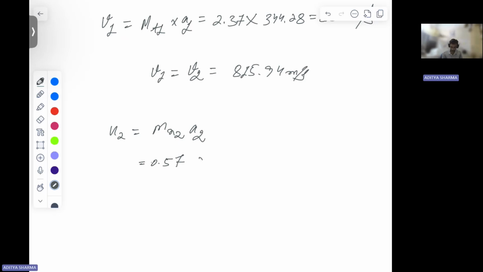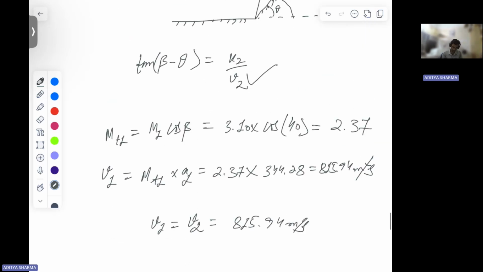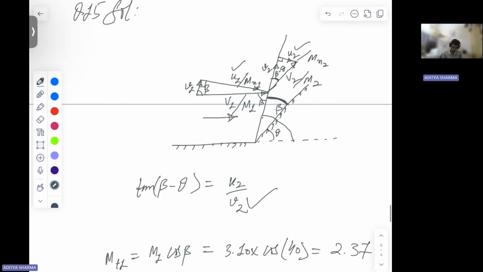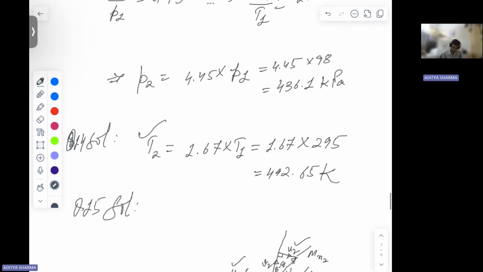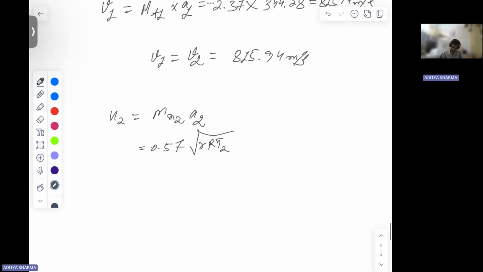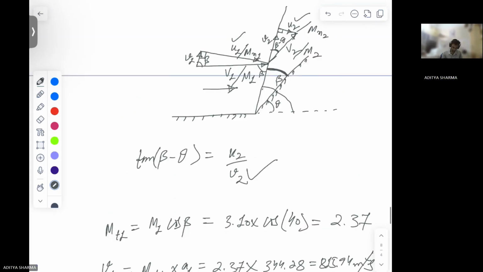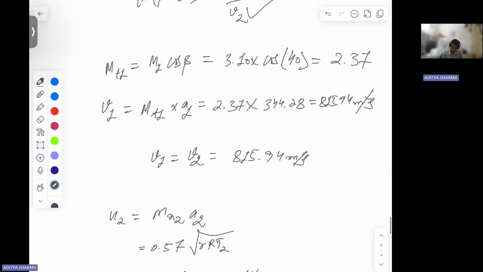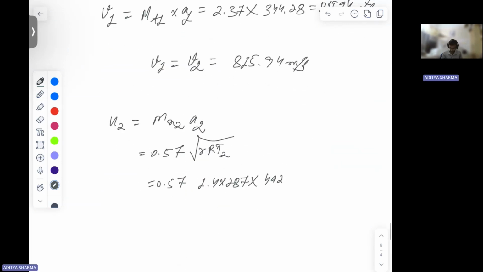A2 is root of gamma R T2. T2 we have here, 492.65. So this is 0.57 into root of 1.4 into 287 into 492.65.